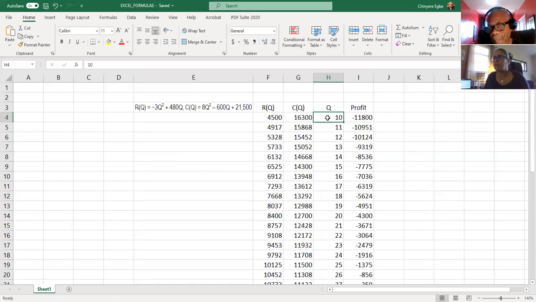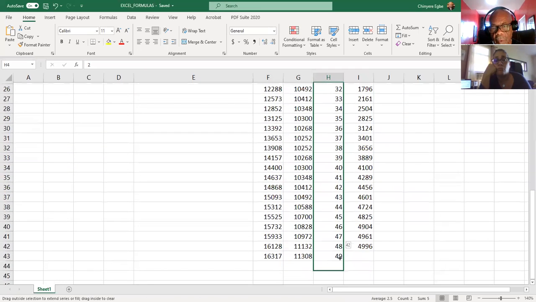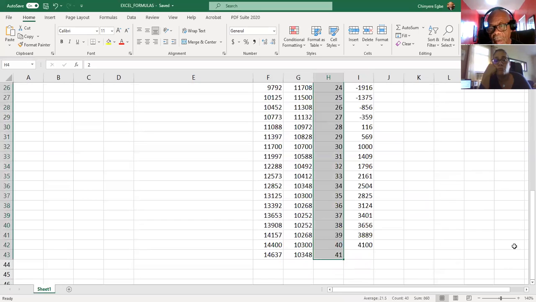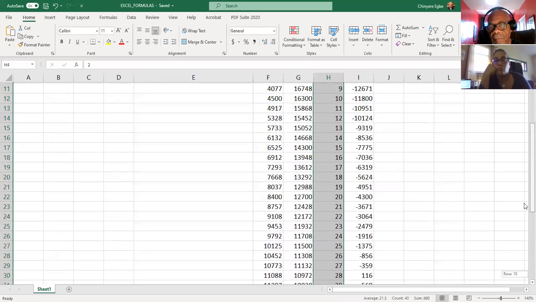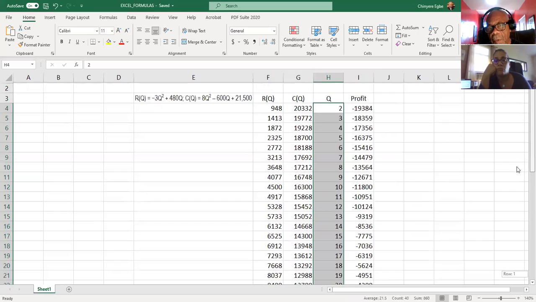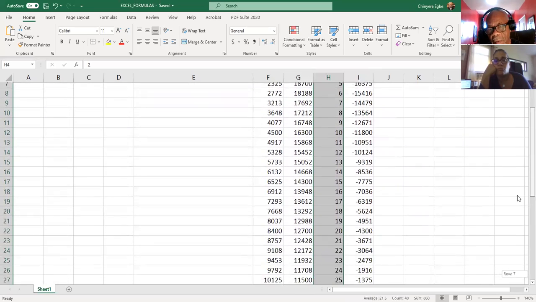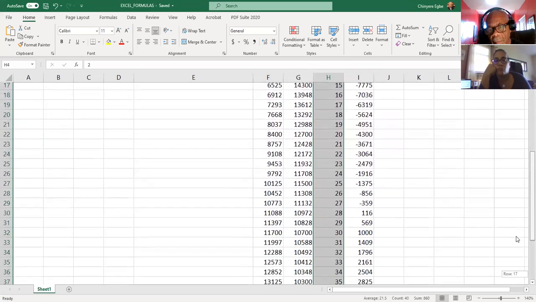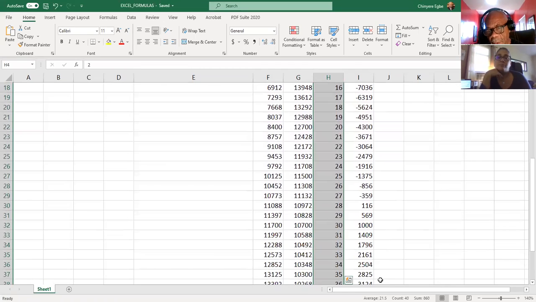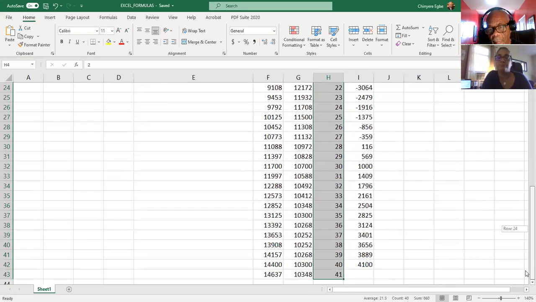For example, you could have started with 2, and 3, and then you go down. What you see is you begin to make profit there and just keep going.